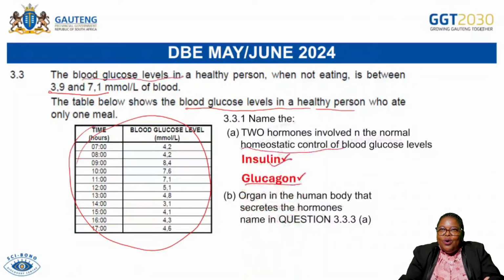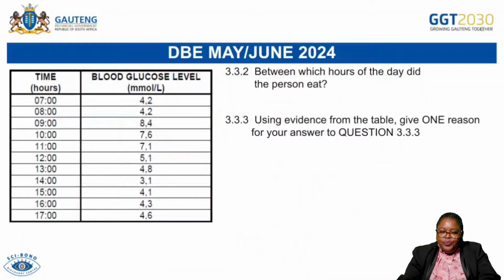Yes, the organ is the pancreas. Remember, the pancreas has got islets of Langerhans that are directly involved in the secretion of these hormones. So it is the pancreas that is responsible for secreting insulin and glucagon.